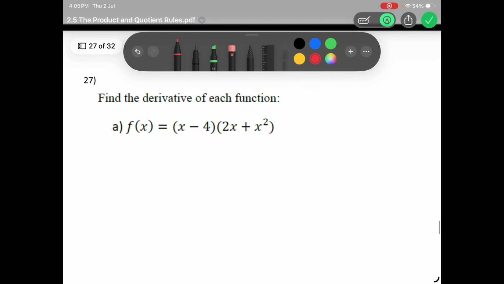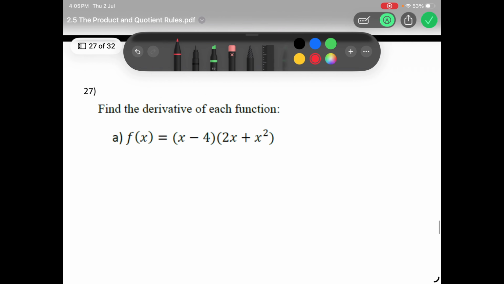So what I have here is, find the derivative of this function. Product rule.